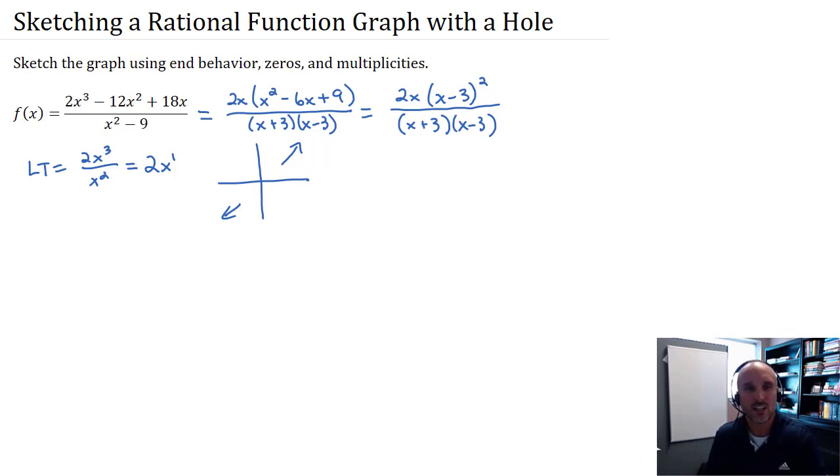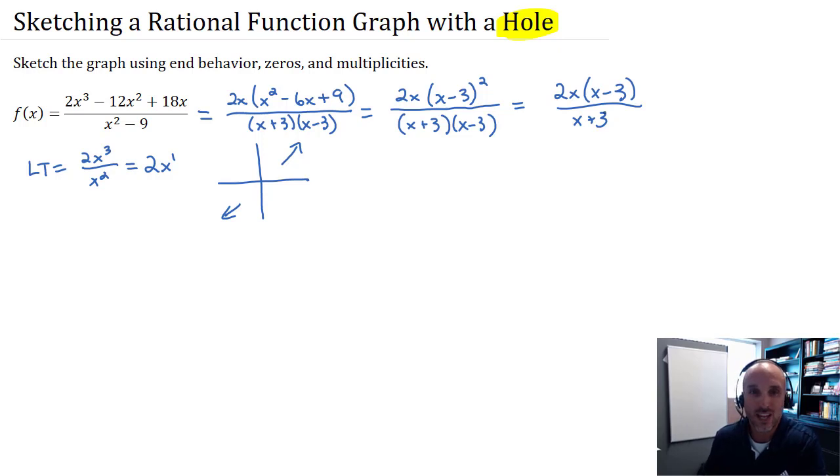The difference when you've got a graph that has a hole in it is that when you factor it, something could cancel. In this case, I've got a factor of x minus 3 on the bottom and a factor of x minus 3 on the top. When you cancel those, you're left with 2x times just x minus 3 to the first over x plus 3.